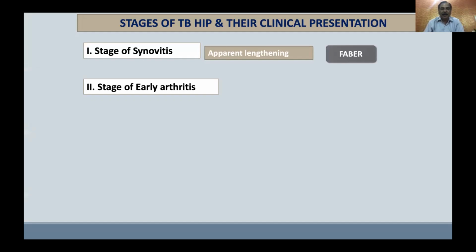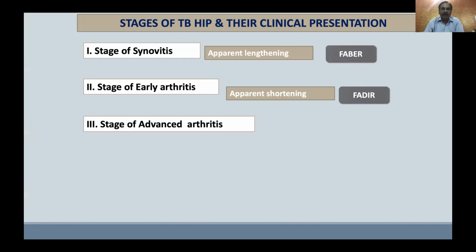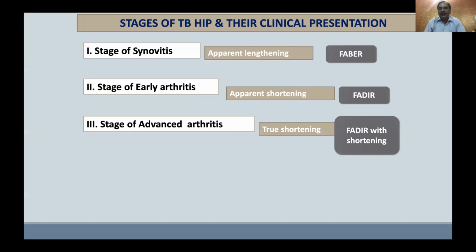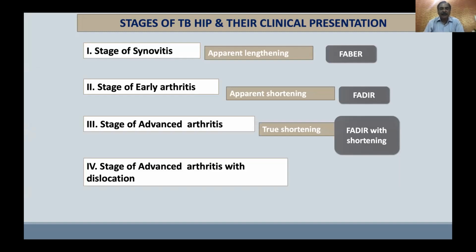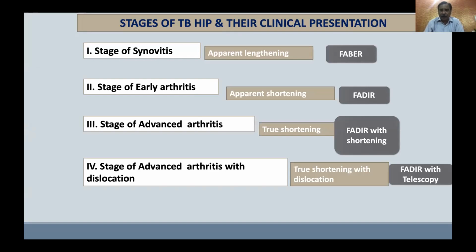The stage of early arthritis causes apparent shortening with the deformity of flexion, adduction, and internal rotation. The stage of advanced arthritis causes true shortening with the same deformities, and the stage of advanced arthritis with dislocation causes true shortening with dislocation of the hip joint.